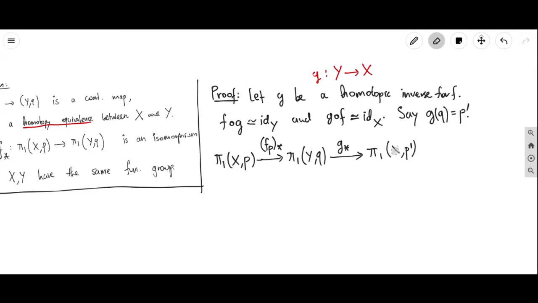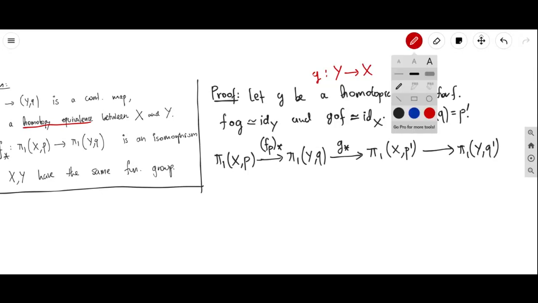And then we're going to map this again, because we have F. So we're basically doing F composed G and G composed F. So here we have F going first, G going first, and now we're going to use F. So we can also map this to pi 1 of Y comma Q prime.